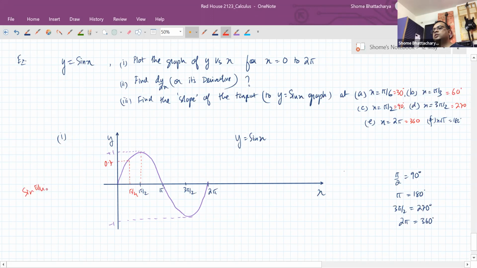Sin pi by 4, for example, is 1 by root 2, which is approximately 0.7. Then that value again repeats at 3 pi by 4. Sine of 3 pi by 2 is -1. For example, sine of 5 pi by 4 is minus 0.7.